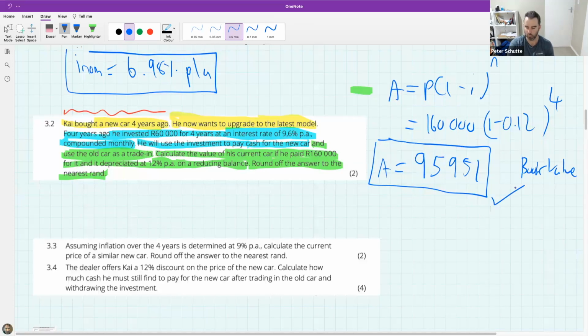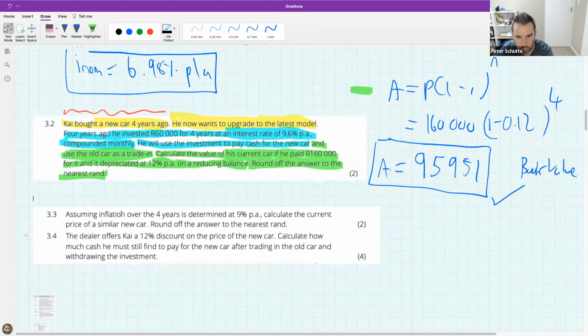Okay, so that's part one to this question. Now, the second part of the question says, assuming inflation over 4 years is 9% per annum, calculate the current price of a similar new car. So in this case, because it's getting bigger and going into the future, I'm going to use the compound growth formula.